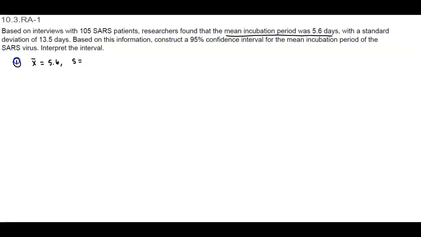We can see here the standard deviation is 13.5. And then what is the sample size? Well, the sample size is 105 patients. So n is equal to 105.